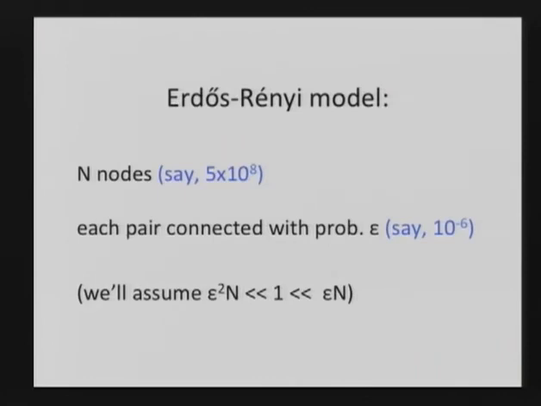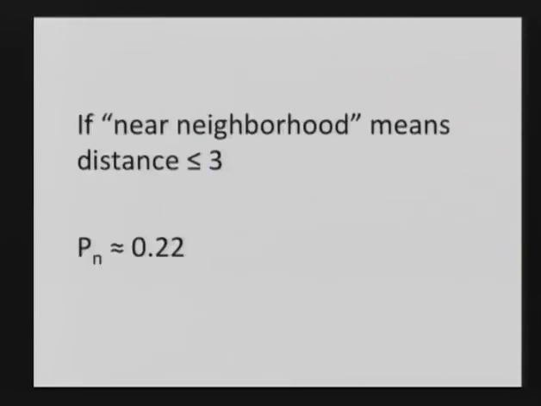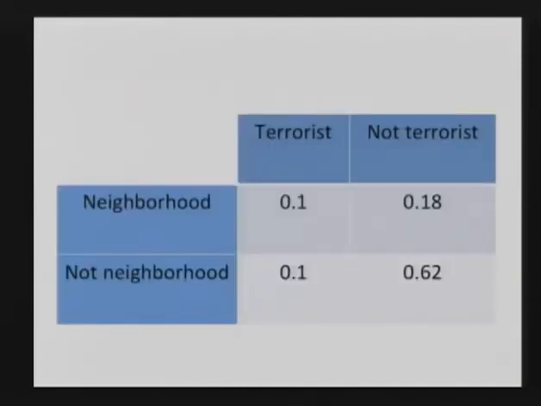Okay. So now, with that idea of a graph model, we can do some simple analysis to figure out the probability that two people are in the same neighborhood. Well, if near neighborhood means distance less than or equal to 3, the so-called 3-hop criterion, then the probability that two random people are in each other's neighborhood is about 22%. Now if we plug this back into our chart, we get these probabilities.